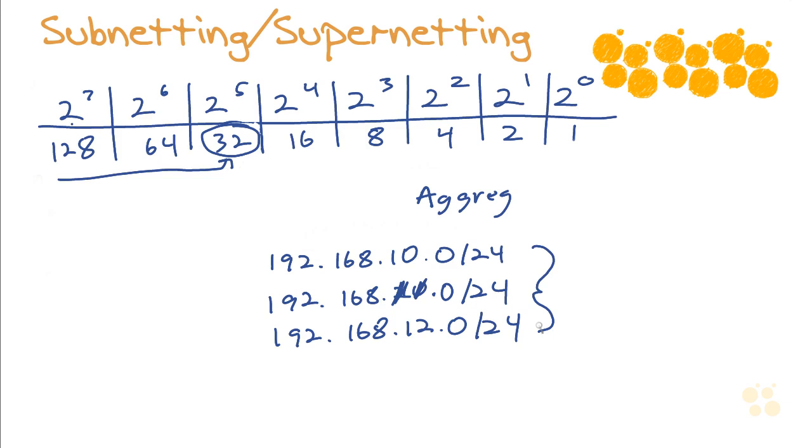What we can do is we can break this octet up into the binary and mask off any bits that are in common. Think about the binary here.